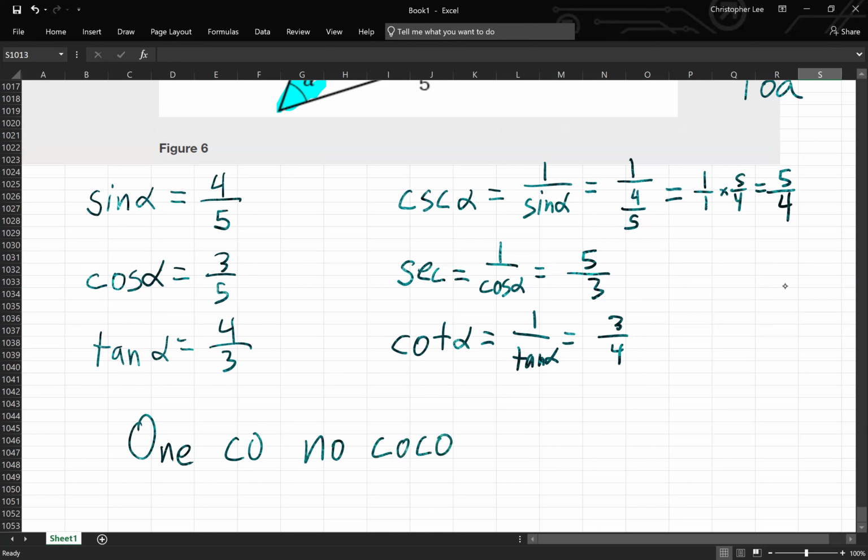In each pair, there has to be a co. I have sine, cosecant. You have cosine, secant. You have tan, cotangent. There's one co in each pair, no coco. So I can't do cosine and cosecant as coco. I don't know if that helps, but that's how I remembered it all these years. One co, no coco.